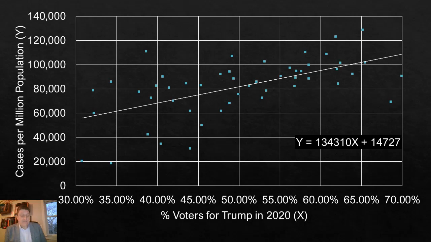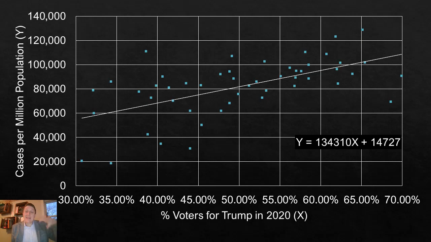34.6% of the variation. We can take a look at that equation for a line again, and let's look at that y-intercept. It says that if we can imagine a state where there was 0% vote for Donald Trump, and by the way, there was none, the state with the lowest vote for Donald Trump was just a little bit over 30%. And the state with the highest percentage of a vote for Donald Trump was just a little bit below 70%.